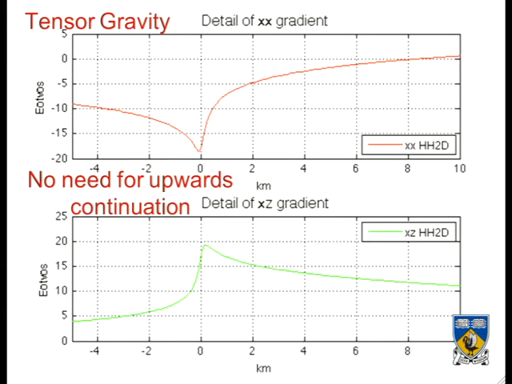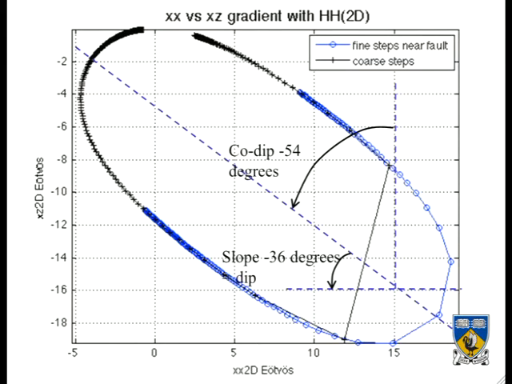It looks like we don't need to do upward continuation to extract the dip information from the data. Great. So how does it all start to pan out? It turns out that this angle here is what we call the co-dip, and the actual dip that's predicted is more or less the complement of the other, no big deal.